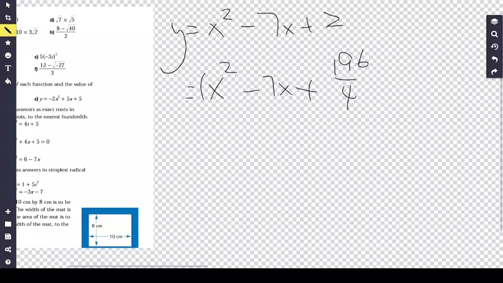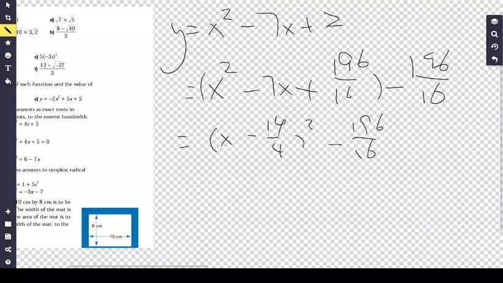Sorry, forgot about that. 16 here minus 196 over 16. So this is going to be x minus 14 over 4 squared minus 196 over 16.